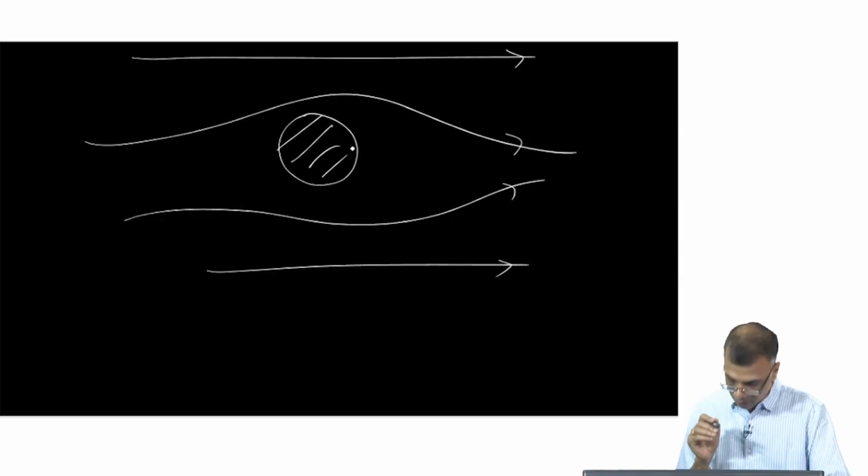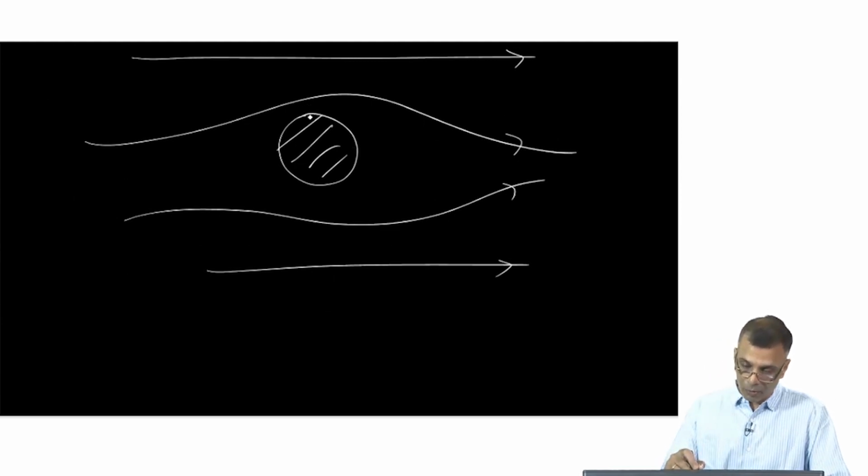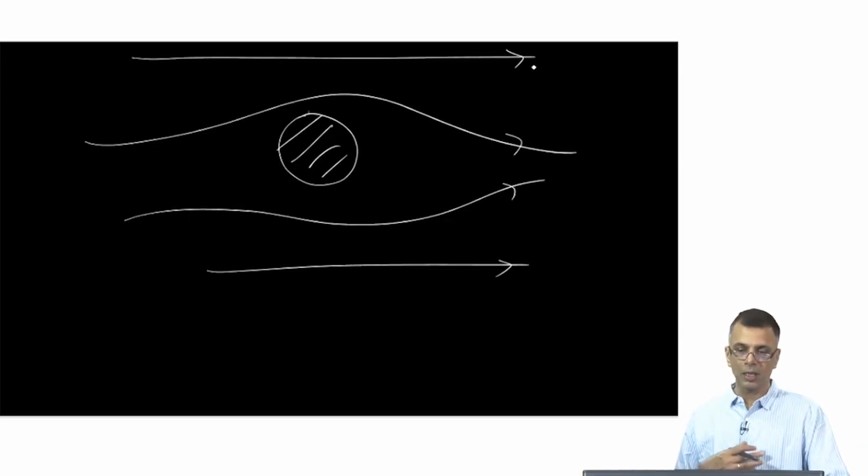And this is for inviscid fluids, applying the appropriate boundary conditions, which is that the normal component of velocity on the surface of the sphere is equal to 0, and the tangential component of velocity very far away from the sphere is undisturbed. It's what it would have been in the absence of the sphere.